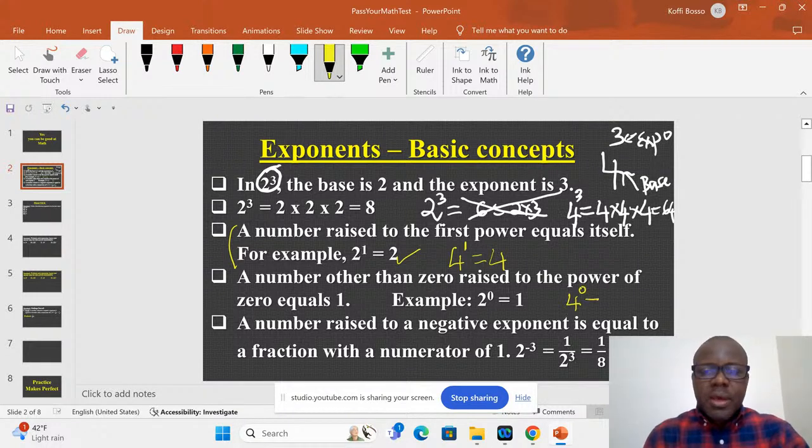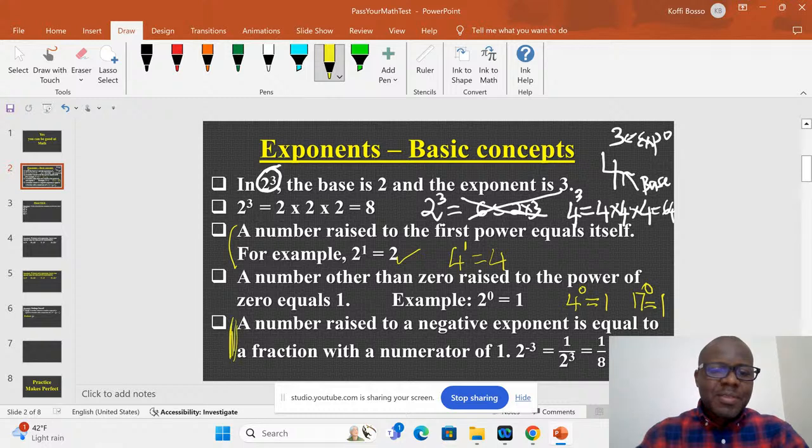The answer is just 1. I could take 17, which is not 0. But if the power is 0, so if I raise this to the 0 power, the answer is just 1. But this point is tricky. We'll see later.